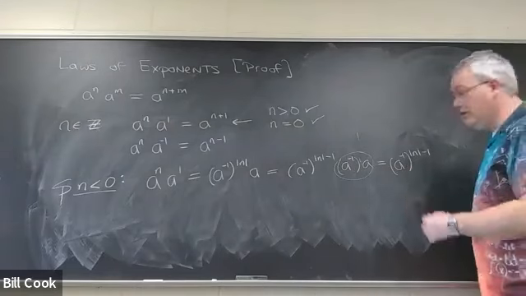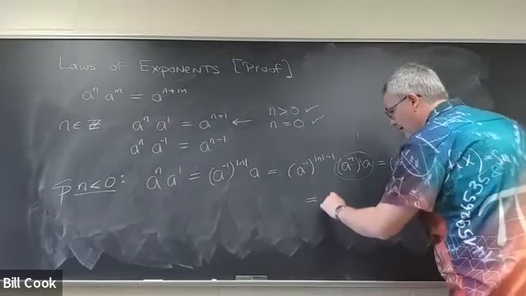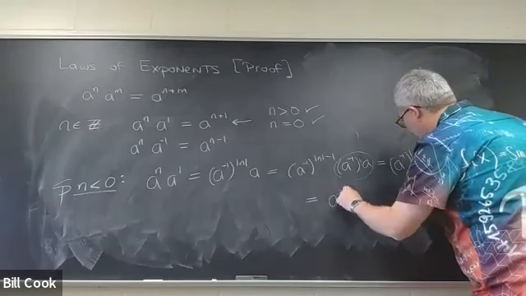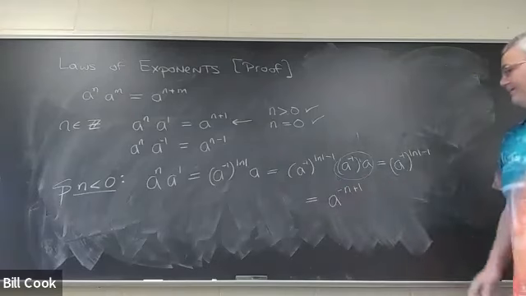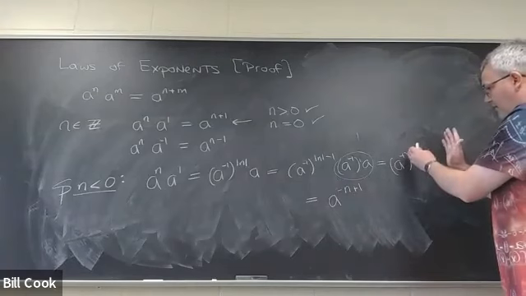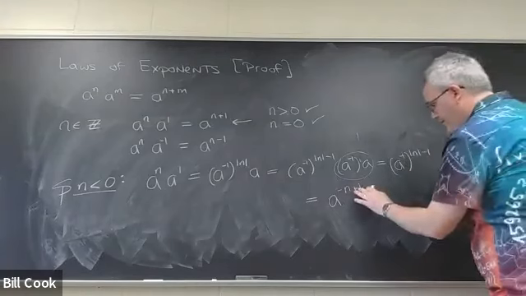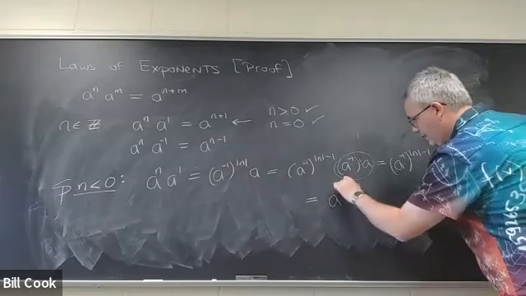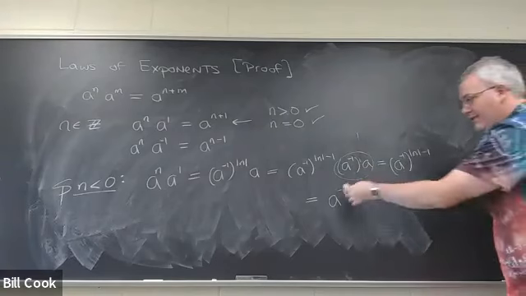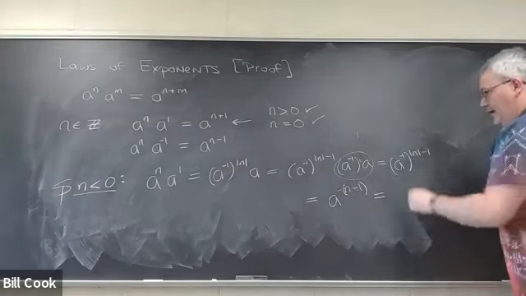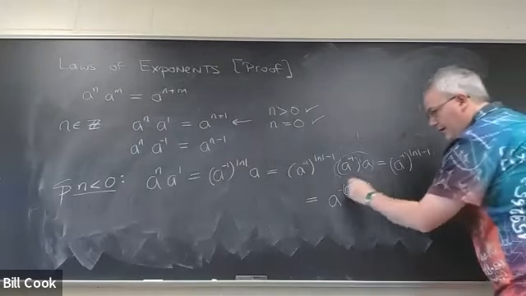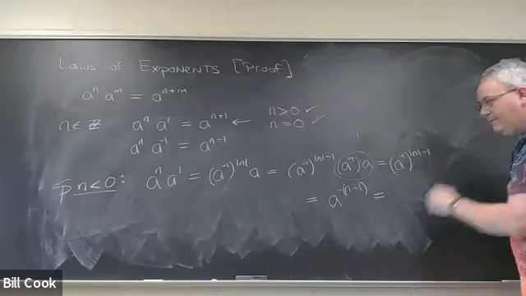Well, by definition, that is a to the negative n plus 1, because a to the minus first raised to some non-negative power is a to the minus that power.